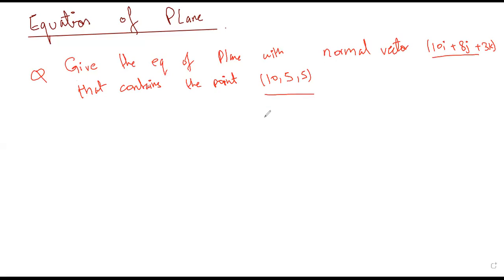Now we can use any of the equations. So let's do it. We can use this one where we have a(x minus x1) plus b(y minus y1) plus c(z minus z1) equals 0.